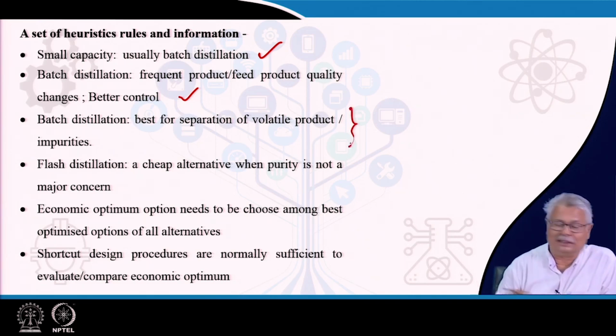You will notice one thing: the moment we say impurity, the quantity of impurity is small. So, usually you will find batch distillation being used for systems where one product dominates compared to the other. Like either your distillate is small or what you're leaving at the end is also substantially small.